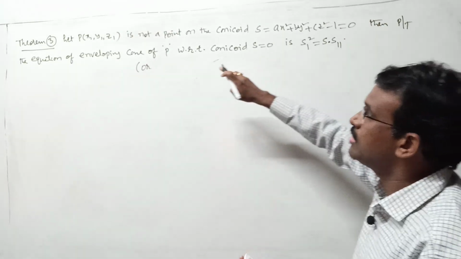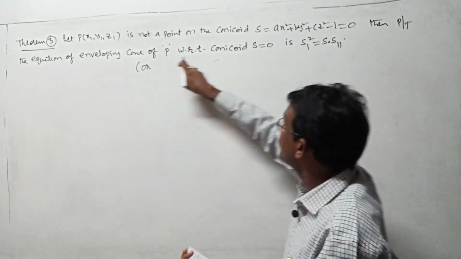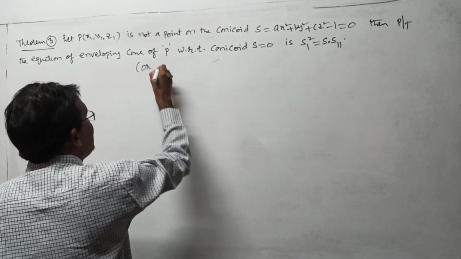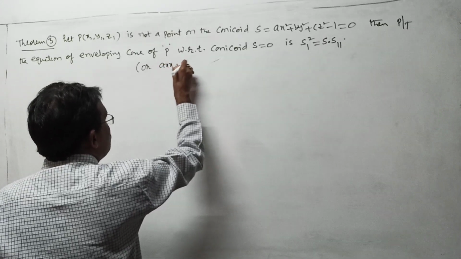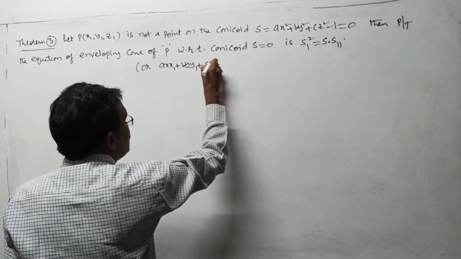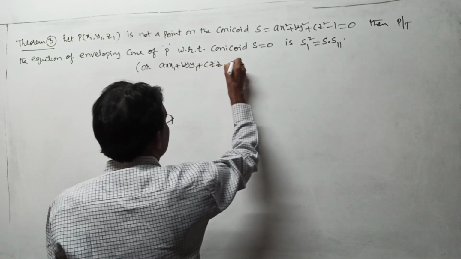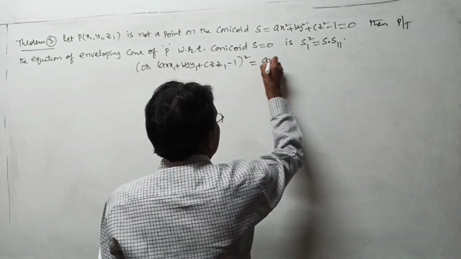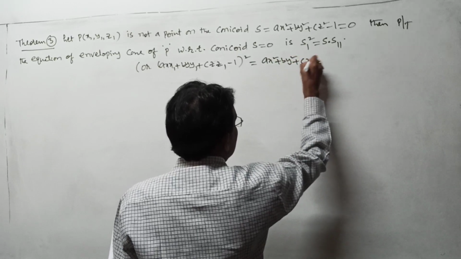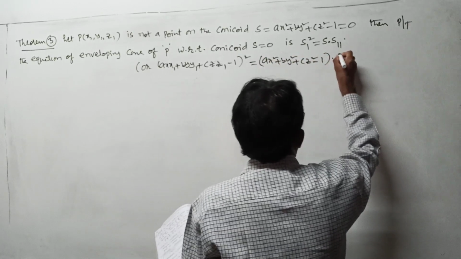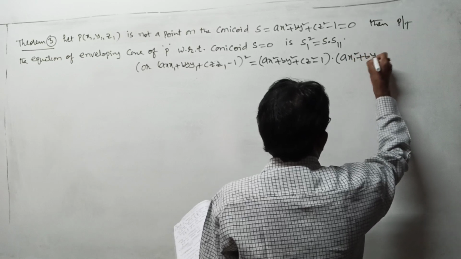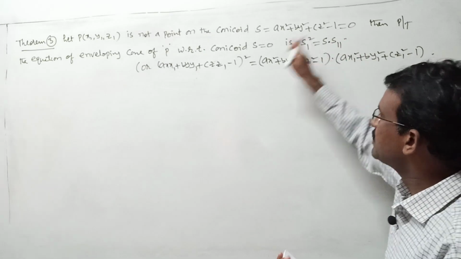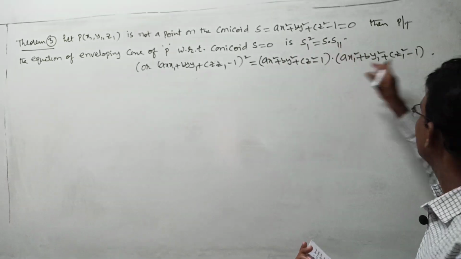Then prove that the equation of the enveloping cone of P with respect to the above conicoid is (axx1 + byy1 + czz1 − 1)² = (ax² + by² + cz² − 1)(ax1² + by1² + cz1² − 1). Here S1² is the left side, S is this one, and S11 is this one.